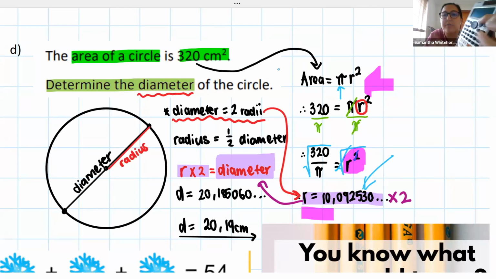You now need to times it by 2 in order to get your diameter, 20,1850 blah, blah, blah. Okay, so do it step by step. I hope what you guys also saw is that I'm using answers. At the bottom of your calculator, you've got an answer button. Your calculator automatically stores your last answer. So you just push that if you want to use your answer in your next step.